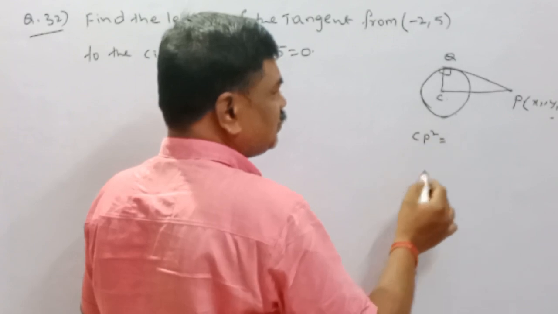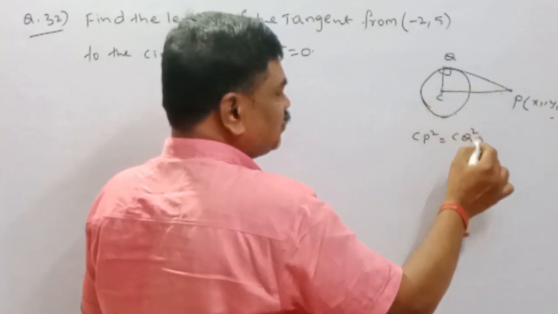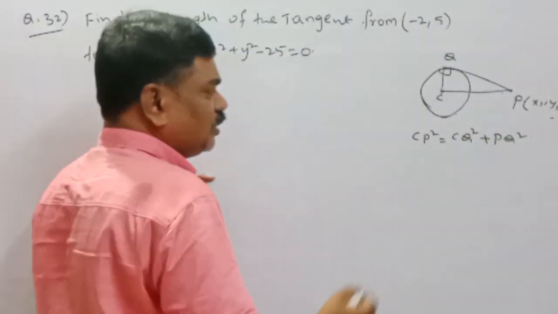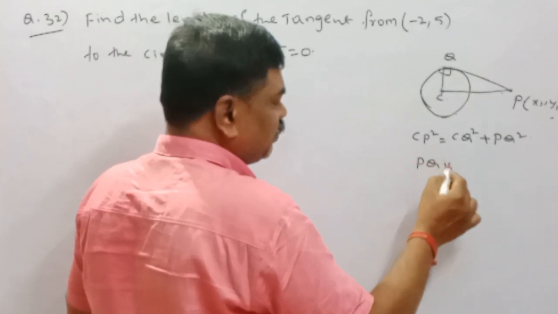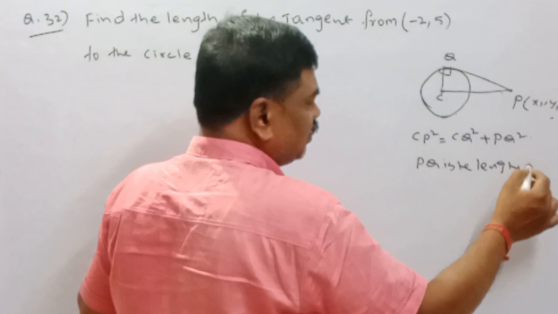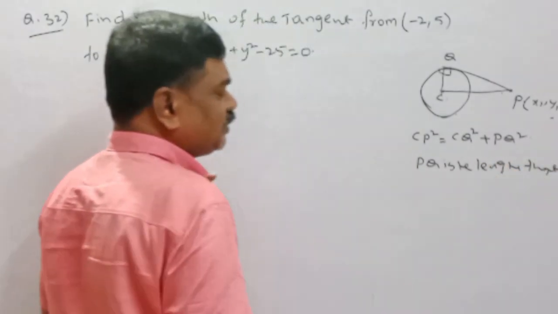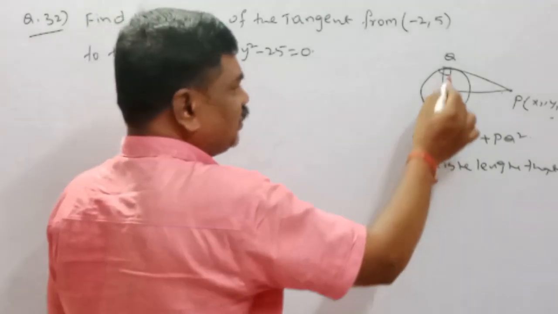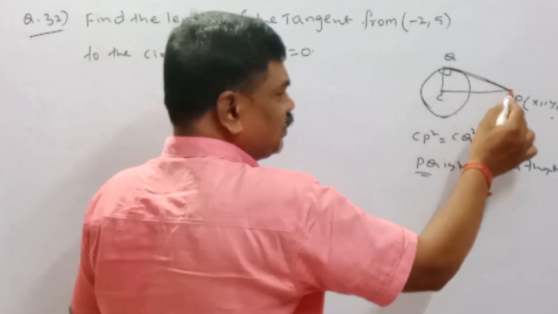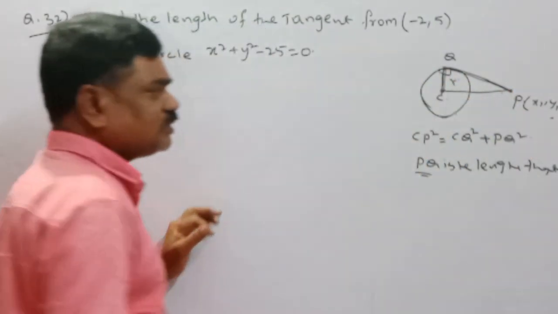CP hypotenuse, CP² = CQ² + PQ². Here PQ is the length of the tangent. Then we have to find this PQ, and C is the center of the circle, P is the given point, and CQ is the r, the radius of the circle.